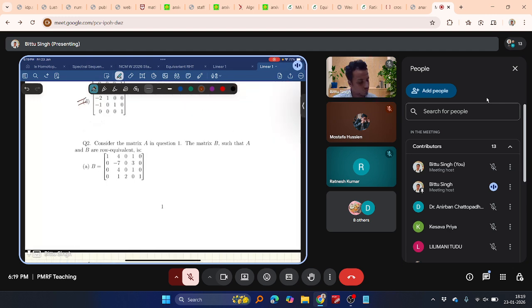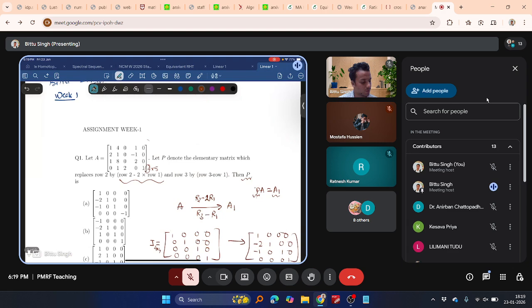Now question 2. Consider the matrix A in question 1, and the matrix B such that A and B are row equivalent. We need to find a matrix B which is row equivalent to this given matrix. Okay, so let me write the matrix.